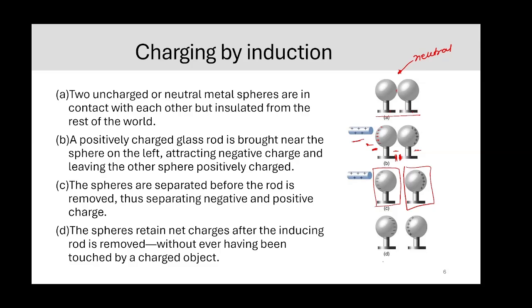And if we again bring them together, because of the positive and negative charge, they will attract each other. So basically, without even touching this neutral sphere, we are able to create these static charges on spheres, one positively charged and one negatively charged, even after removing the charged rod.